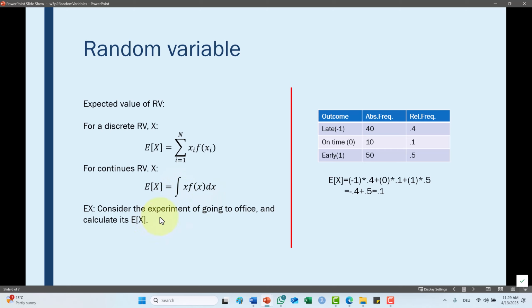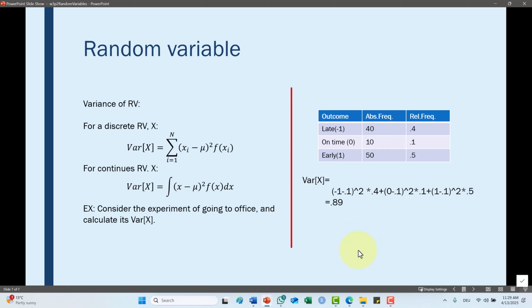If you consider the example of going to the office, we can calculate the expected value as -1 times 40%, 0 times 10%, and 1 times 50% to get 0.1, and that is the expected value of the random variable x if we run this experiment a large number of times and we follow the same trend.